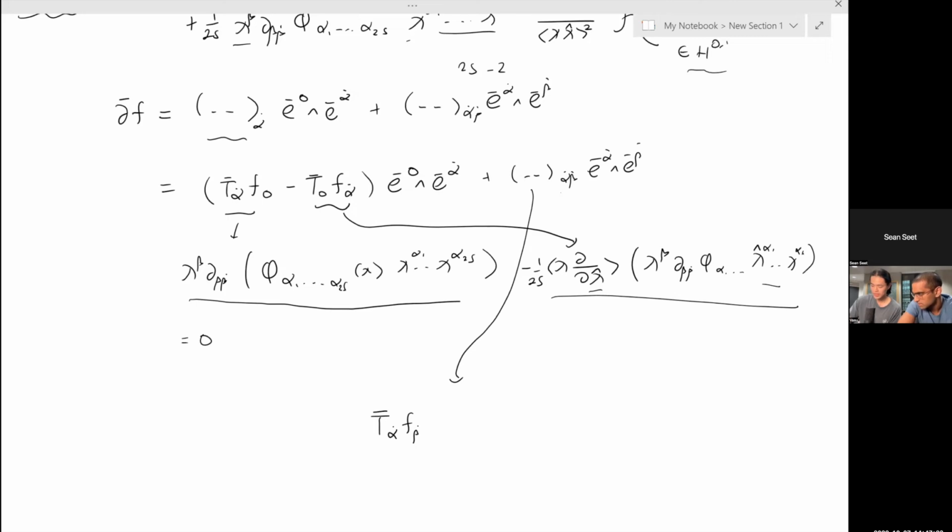So you can replace that by a contraction with epsilon alpha dot beta dot, and then put in bottom E bar alpha dot E bar beta dot.